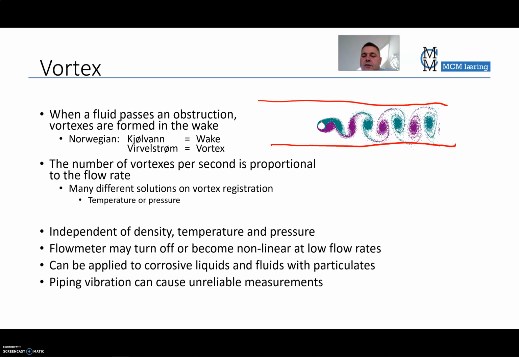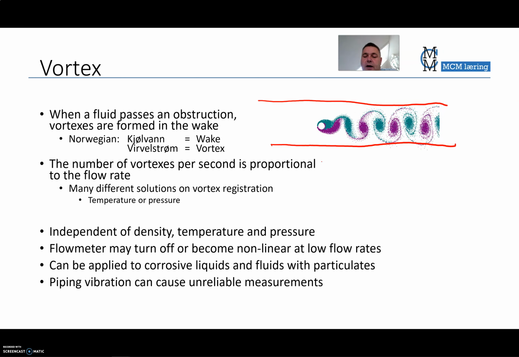The thing is that the distance between two such vortices will be constant. So if the flow rate goes up, the distance will still be the same between two vortices, and therefore by counting the vortices you can calculate the flow rate.